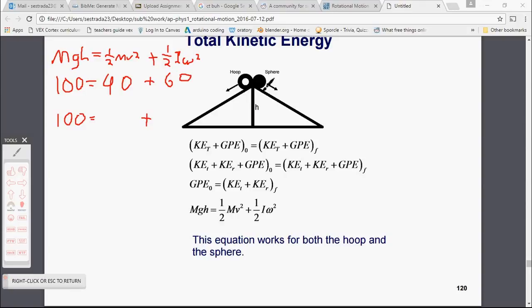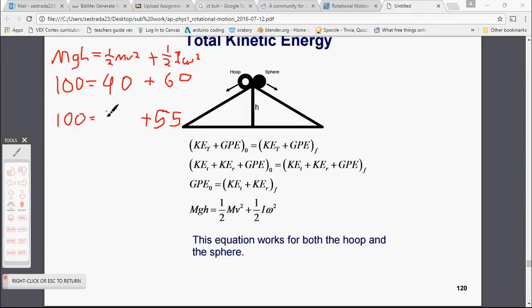Now, we know that the sphere has a smaller rotational inertia. We don't know how much smaller. It could be half, it could be a third, it could just be a little bit. We just know that it's smaller in relation to the other one. So right now I'm just putting 55, but this could be 6, this could be 50, 30, 25, doesn't matter.